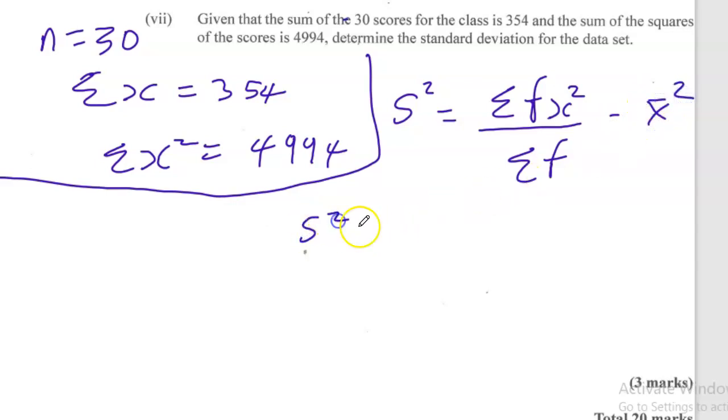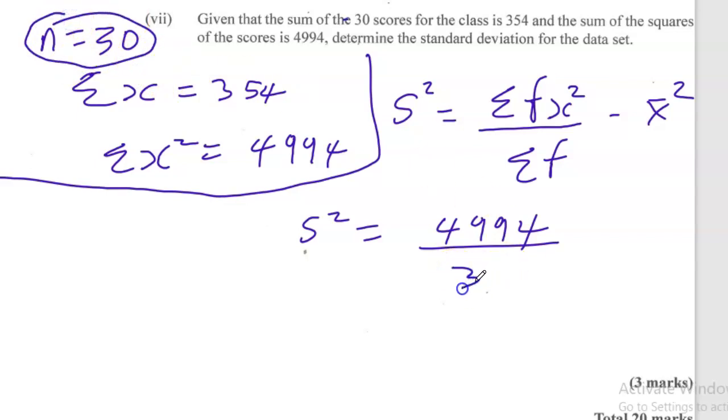So what are we given now? The question gives us the sum of fx squared, the sum of the squares of the scores, 4994, over the sum of the frequencies, which is the same thing as n. That's 30. Minus x bar squared. Now, how do we get the value for x bar? Remember that x bar is equal to sum of x over n.